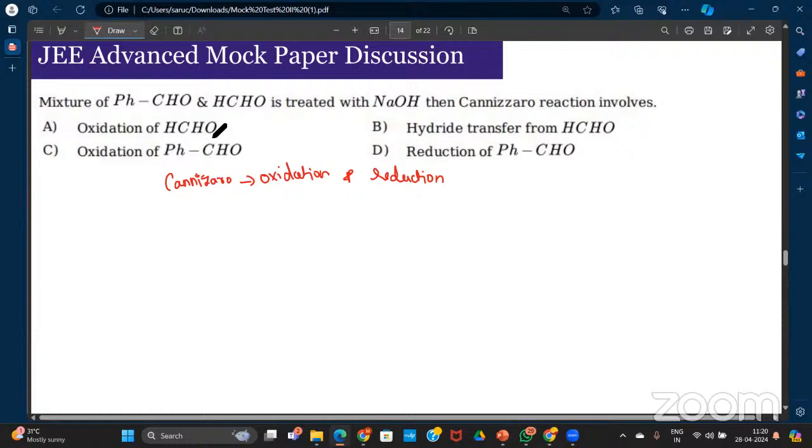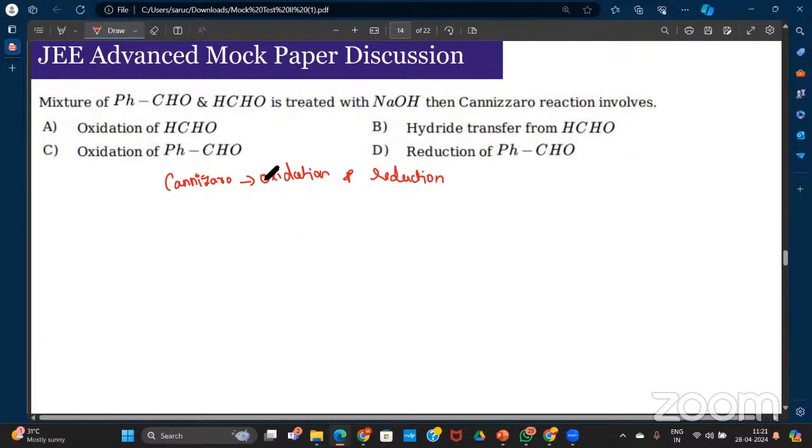They have just asked which one gets oxidized and which one gets reduced. When you know which gets oxidized and which gets reduced, then you can solve this easily. Which aldehyde gets oxidized here and which gets reduced? Solve the question and give me the answer.